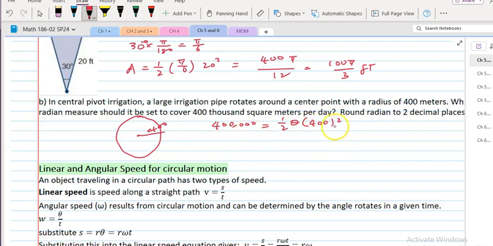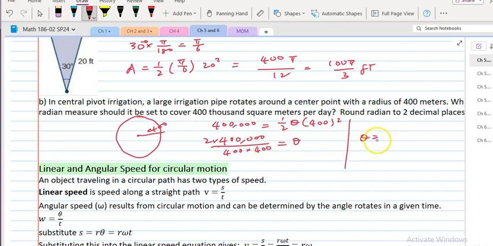To solve it, we multiply by 2 and divide by 400 squared, so 400,000 times 2 divided by 400 times 400. Put it in the calculator to find theta: 2 times 400,000, divided by the parenthesis of 400 squared, equals 5.